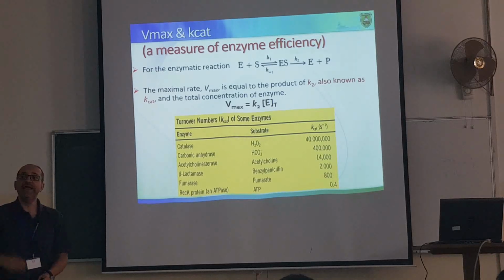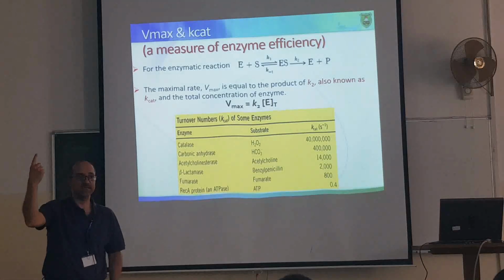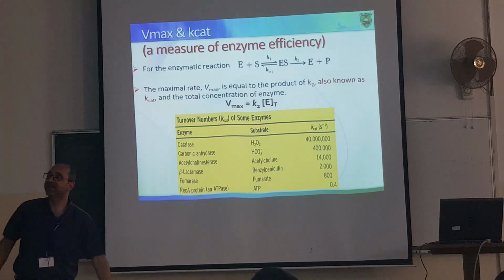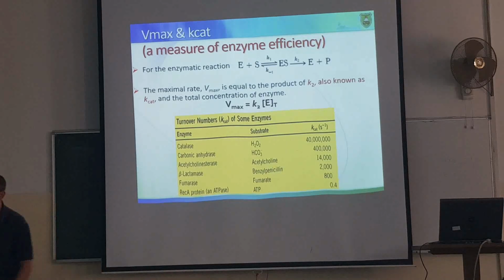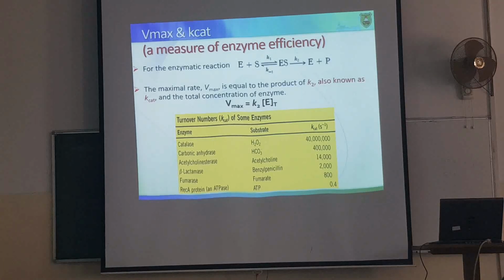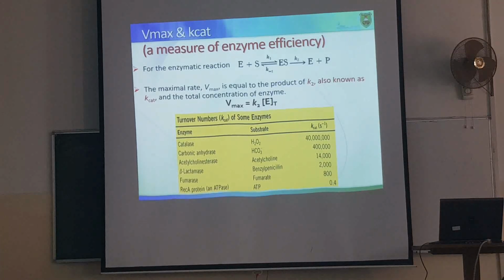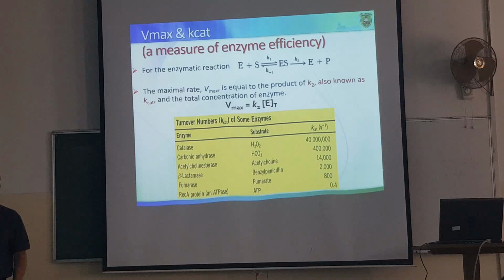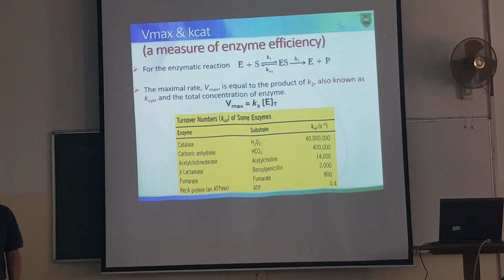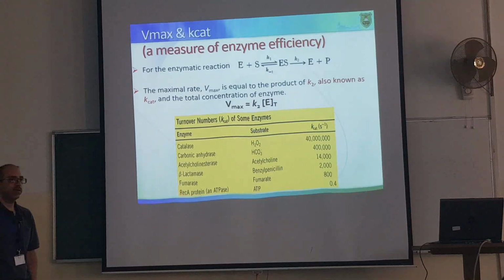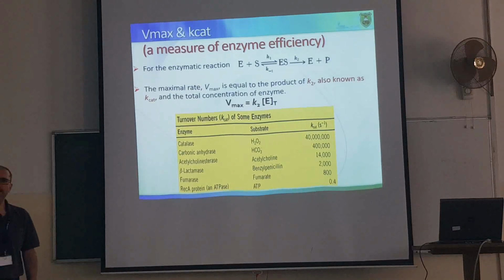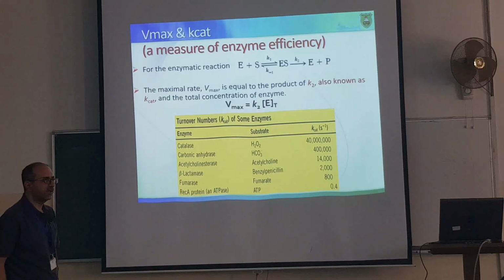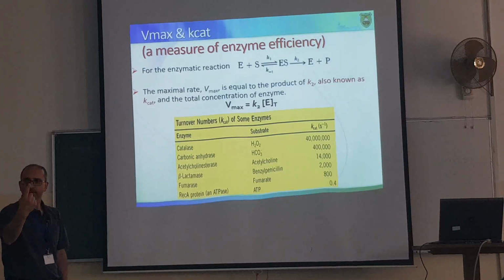So one enzyme, one catalase can catalyze 40 million reactions per second. Can you imagine? It is one of the most efficient enzymes ever in nature. تخيلوا انزيم واحد بيعمل 40 مليون رياكشن بالثانية. It's amazing.